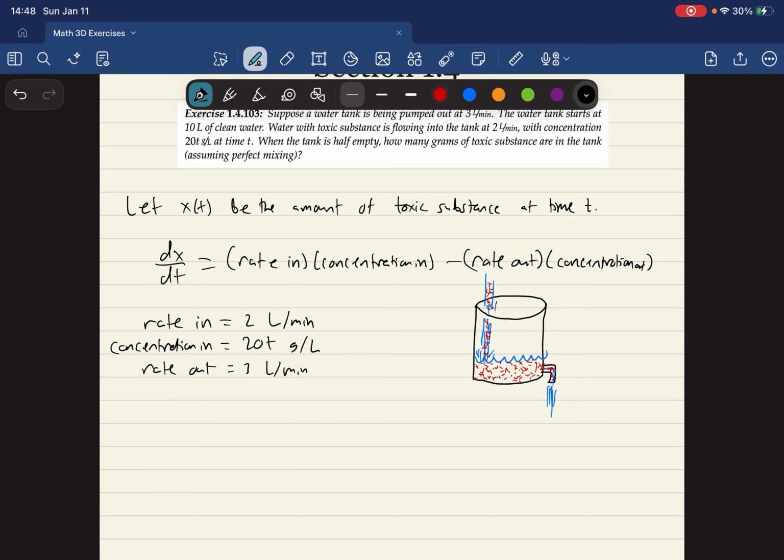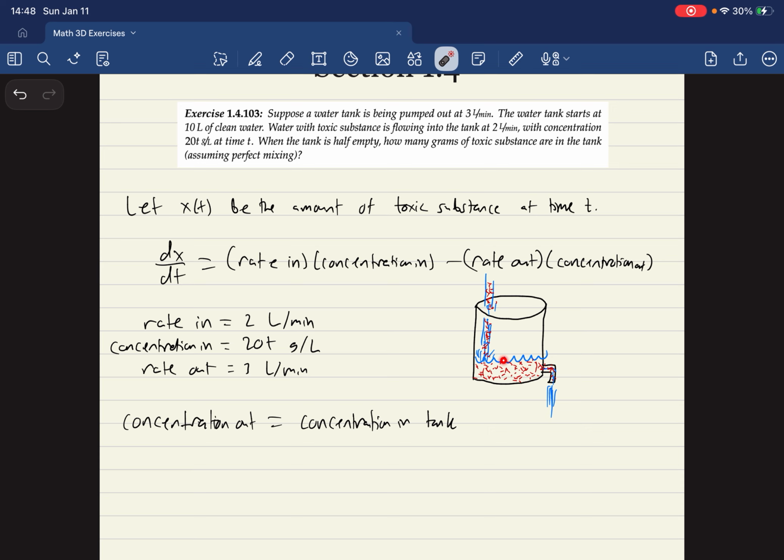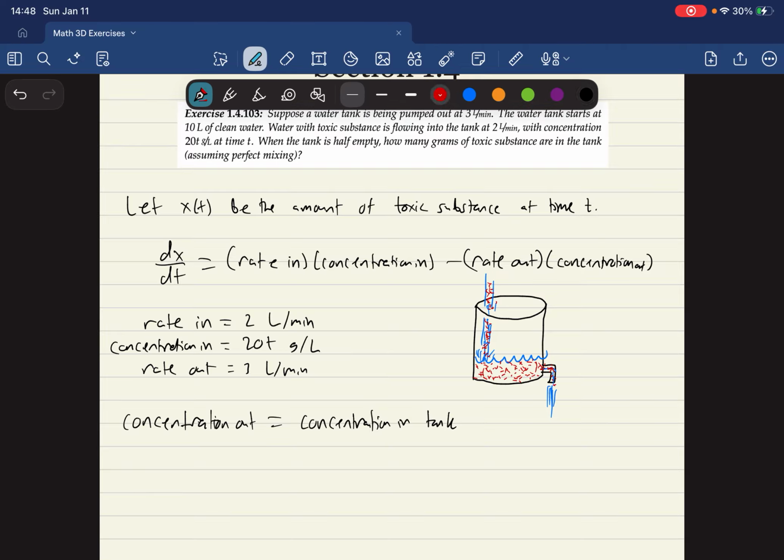Well, at time t, the concentration out equals the concentration in the tank by what I just mentioned. And once again, because we're stirring everything perfectly, the concentration of toxic substance inside the water of the tank is the same as the concentration of toxic substance flowing out of the tank.